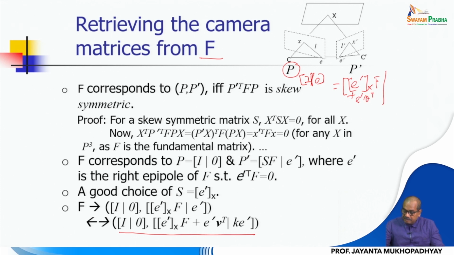This is a 3 cross 3 submatrix, and then this should be K E prime, where K is any scale value. This is the respective fourth column vector. So this is a possible solution.